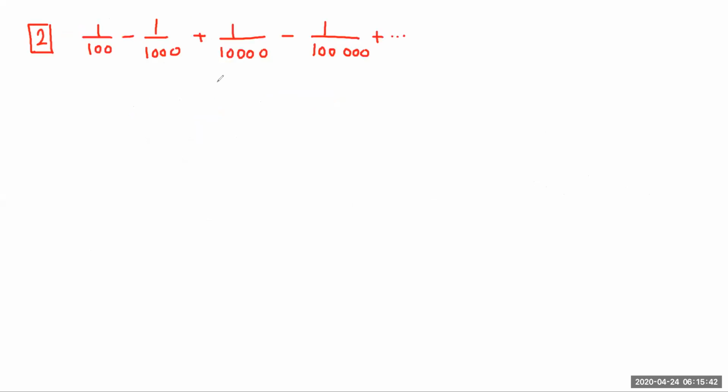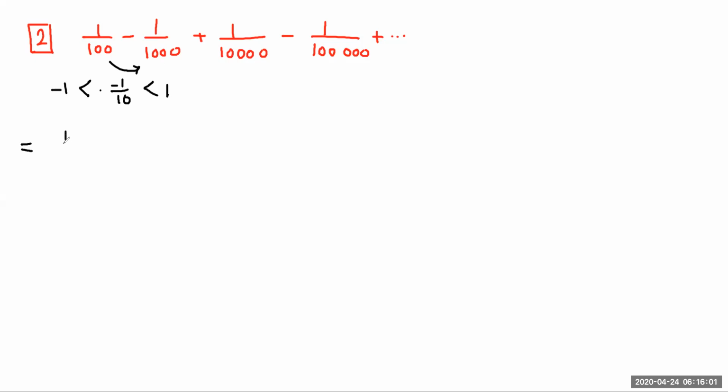Next exercise. We have here also a geometric series where we multiply by minus 1 over 10 each time. So this is equal to, and this number is between 1 and minus 1.